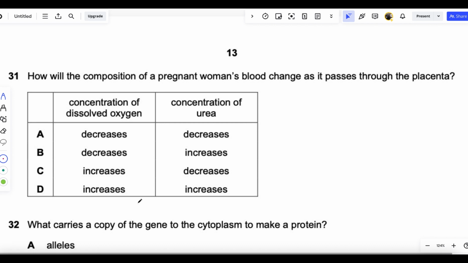The concentration of the dissolved oxygen will decrease as it goes through the placenta. Why? Because the mother will use some, and then it will get some to the baby. Then the concentration of urea will increase. So our most correct answer is B.